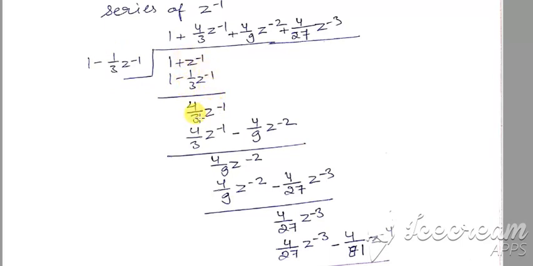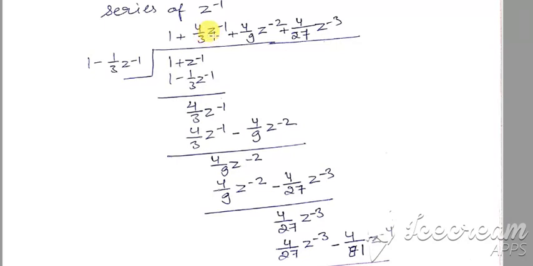After subtracting, 1 minus 1 is 0, and z^-1 minus (minus 1/3 z^-1) is equal to 4/3 z^-1. Now the next term we get here is 4/3 z^-1.